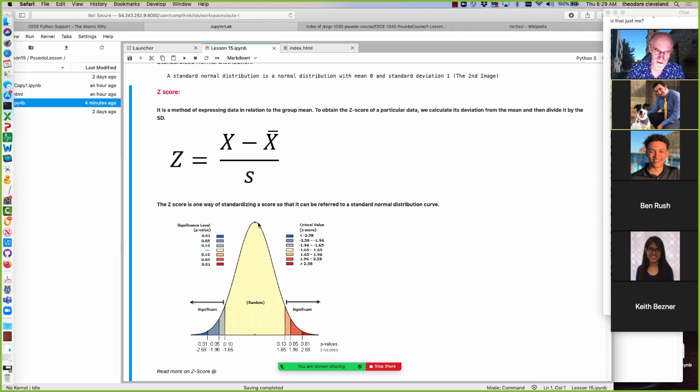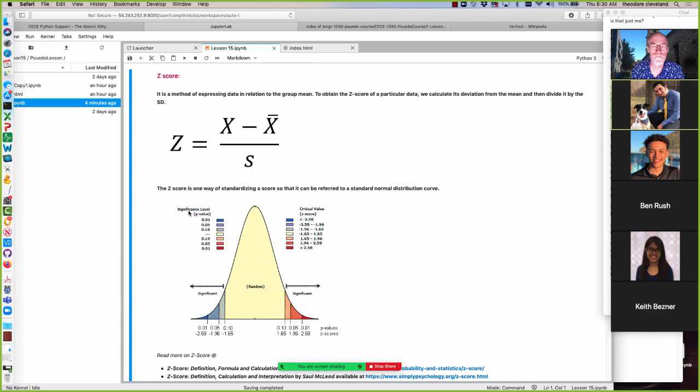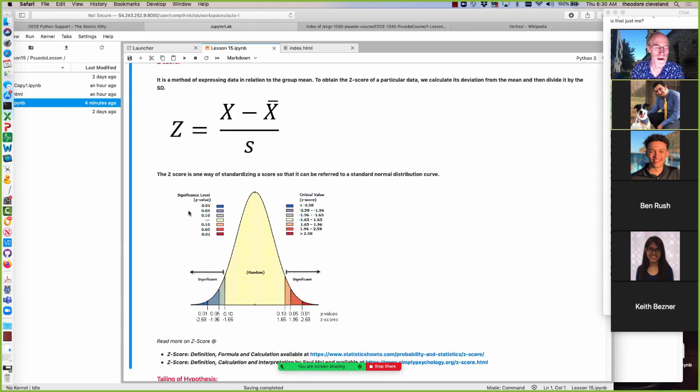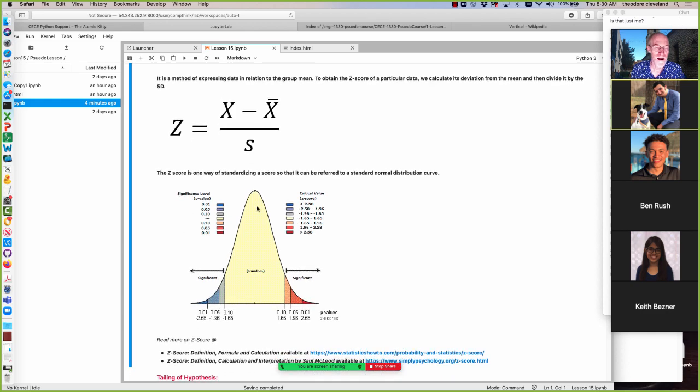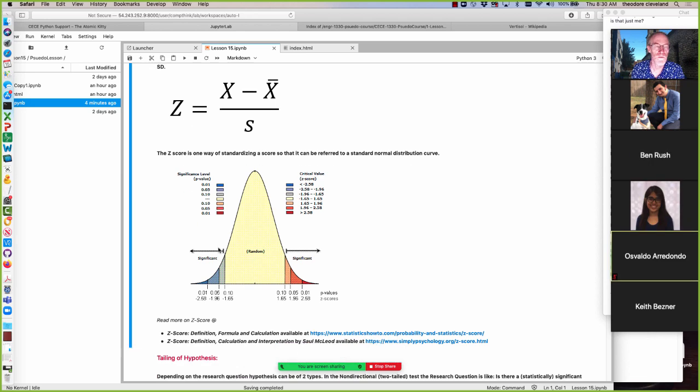Again, the population standard deviation if we know it. If not, we can approximate it with the sample standard deviation. And once we make that transformation, now we have the ability to examine our behavior on the standard normal distribution.